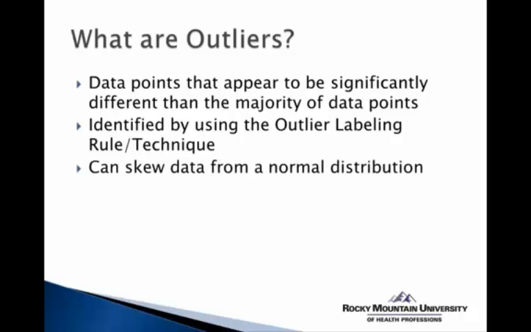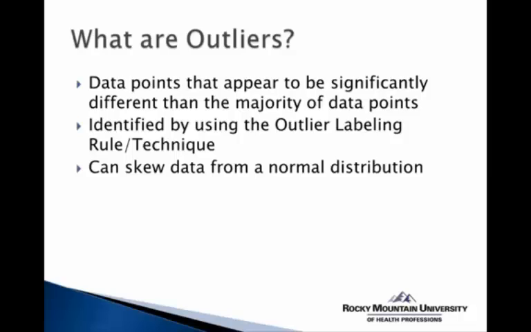Why that's important is because these outliers can significantly skew data from a normal distribution. A single score may pull the mean in one direction or another and misrepresent the data. If the data no longer represent a normal population or distribution, that limits our choices as far as ways we can manipulate or analyze the data.